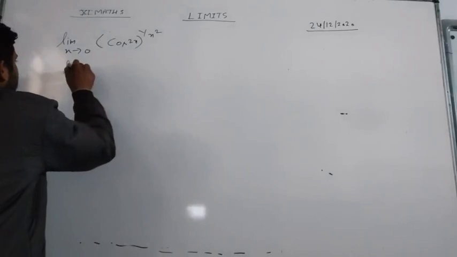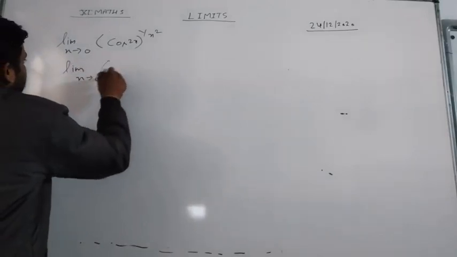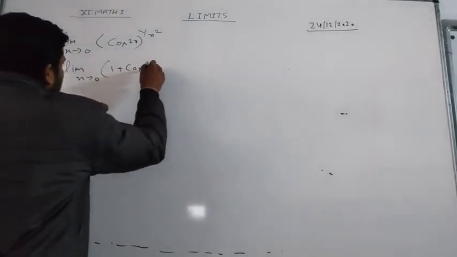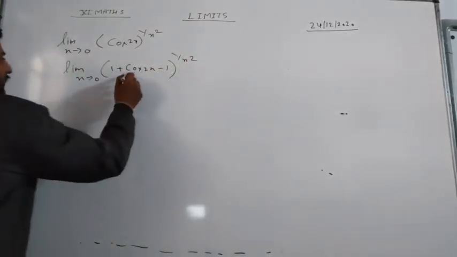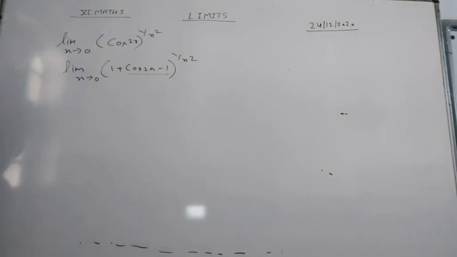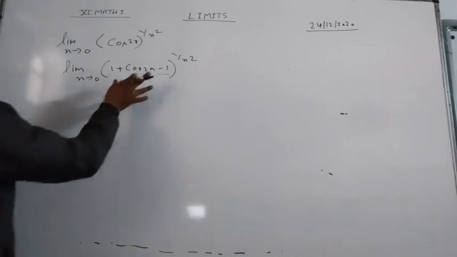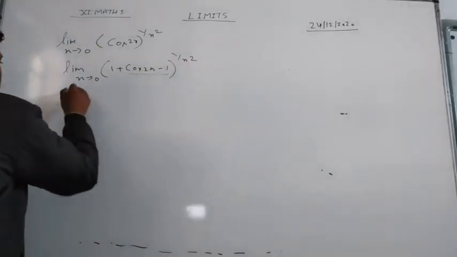Students, we write this as 1 plus (cos 2x minus 1). Now this is our f(x) and this is g(x).